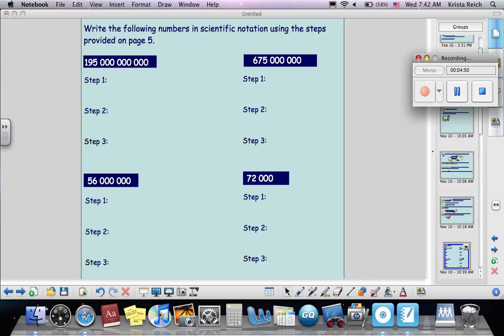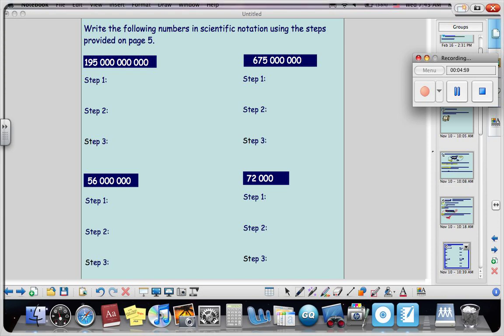Real quick, I'm going to go over just a couple of examples here. In step 1, I have a really big number, this number right up here, and I'm just going to write the number out. It has 9 zeros.